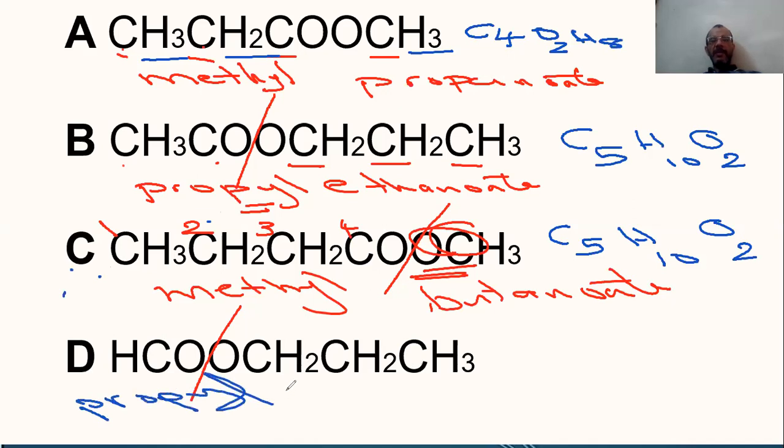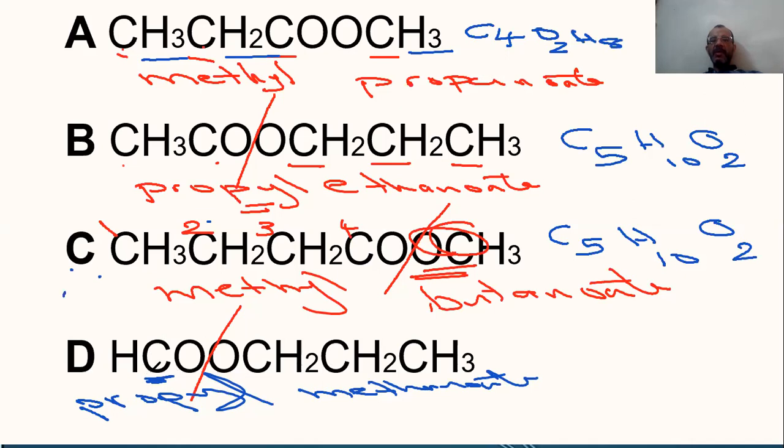Propyl. Propyl what? 1 carbon atom here will be propyl methanoate. One might say, teacher, this one has C and H, it's alcohol. No. In alcohol, O is joined to H, but in this one the carbon is joined to H. So this one is propyl methanoate.